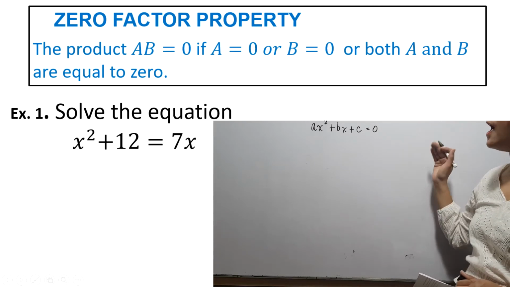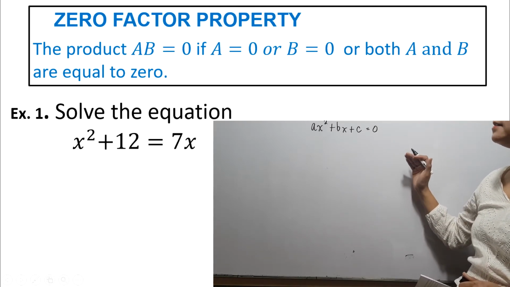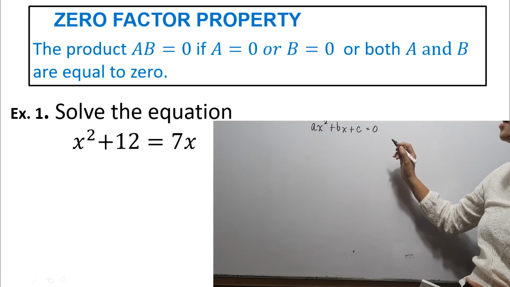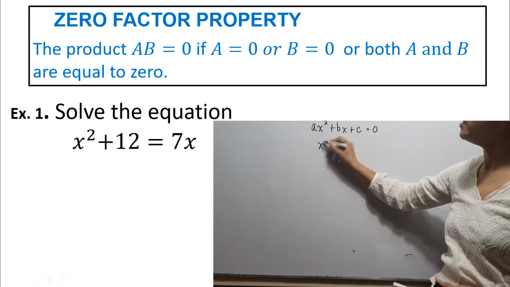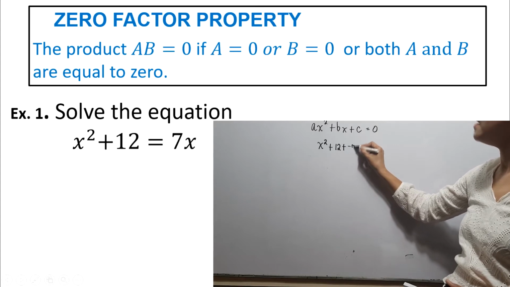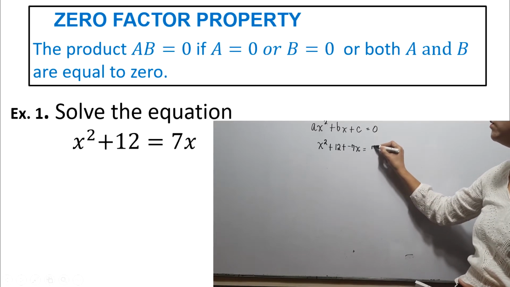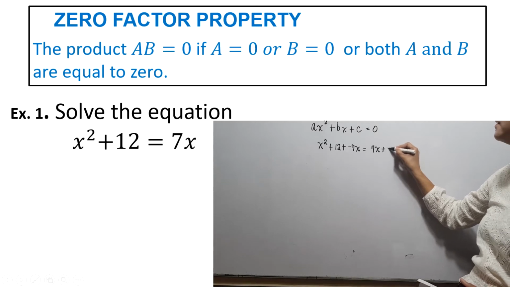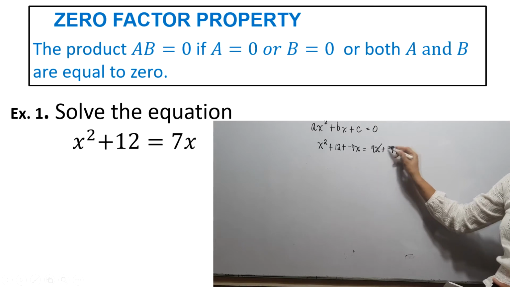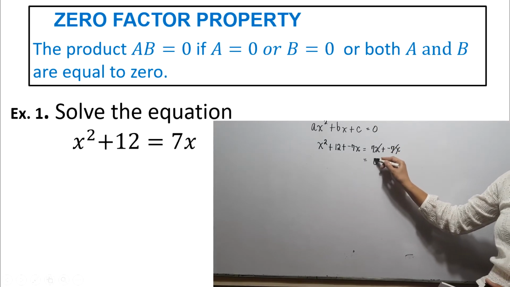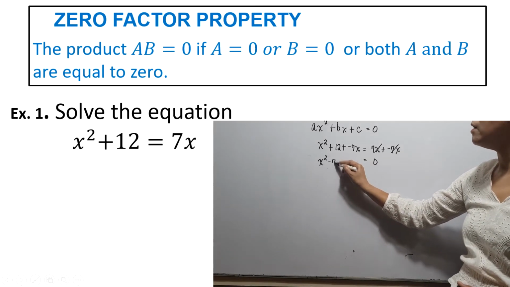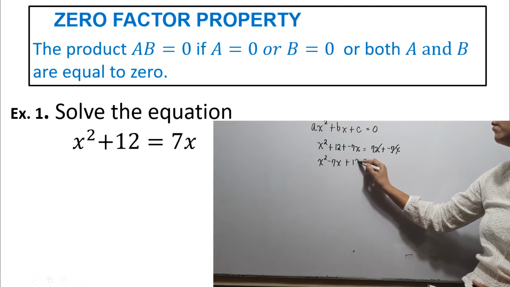Now, if we will add negative 7x to the right side, we have to add also to the left side. So therefore, magiging x squared plus 12 plus negative 7x is equal to 7x plus negative 7x. 7x plus negative 7x is 0. So, the left side is x squared minus 7x plus 12.